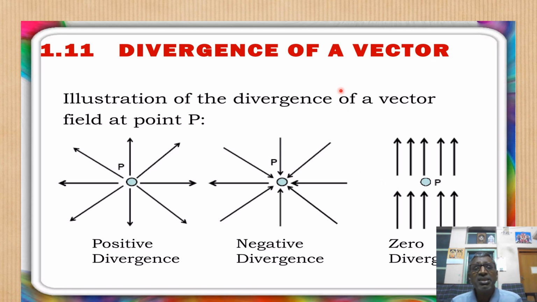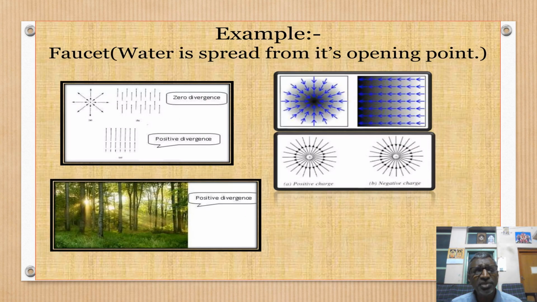Now, this is an illustration of the divergence of a vector at a point P. This is called the positive divergence, this is called the negative divergence, and this is zero divergence. For example, in this figure, the trees growing can be regarded as a positive divergence.